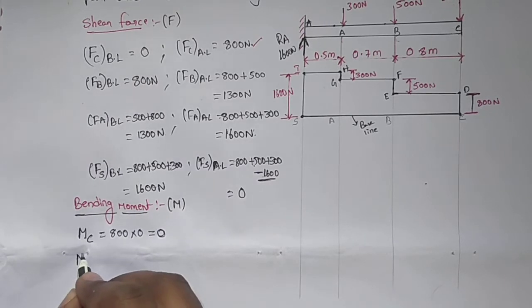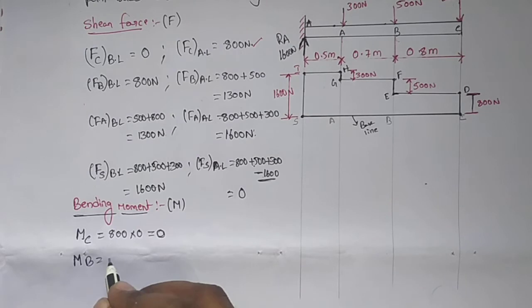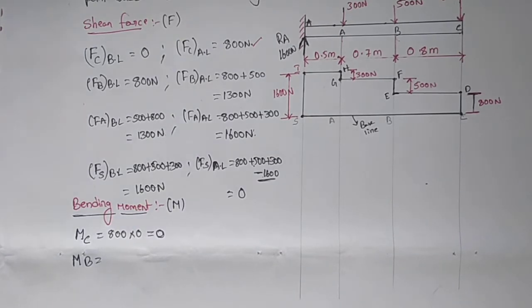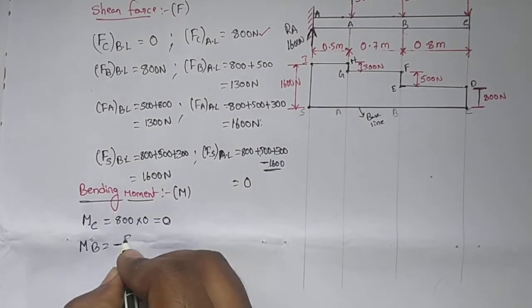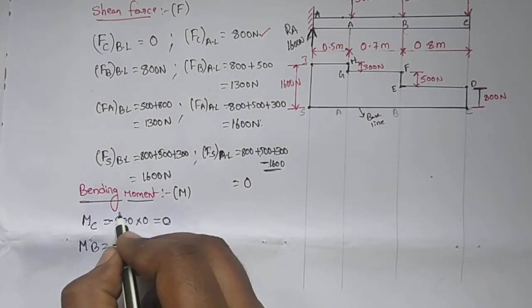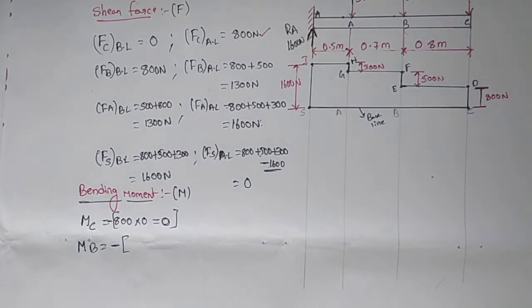Next, bending moment at point B. For a cantilever beam, the bending moment is negative because it will cause hogging. So for calculating bending moment for cantilever beams, we need to place a minus before the calculation. That means it is the negative bending moment.